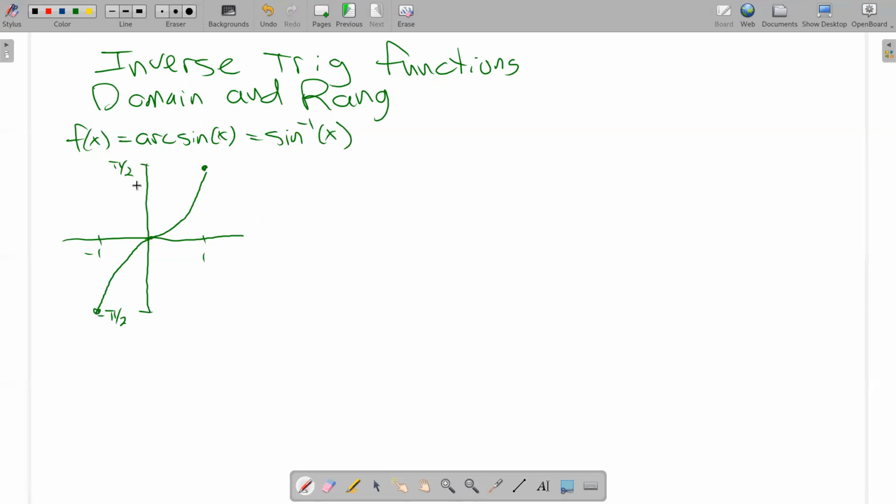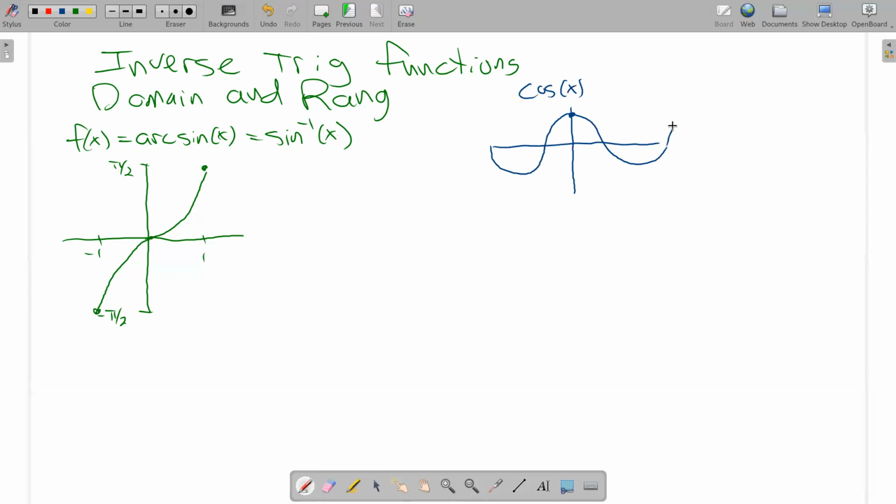Now, to get the domain and range of the arc cosine, let's just think about the cosine function for a second. So cosine of x, we know has a peak on the axis here, and then it drops down, and then it comes back up. Same thing on this side, it drops down, and it comes back up.